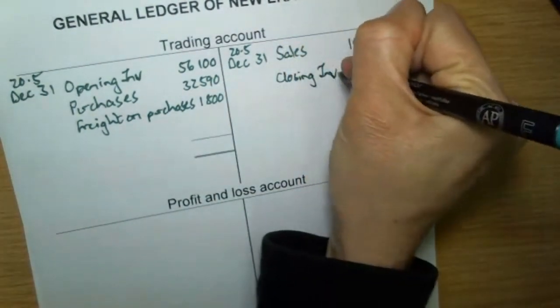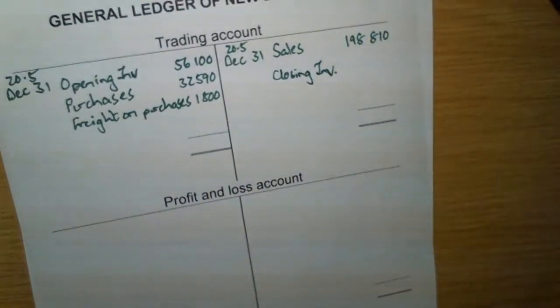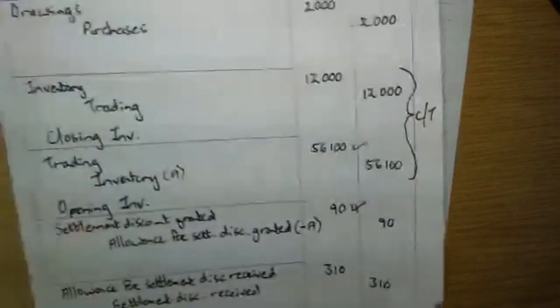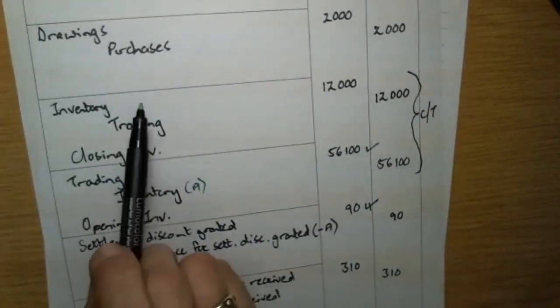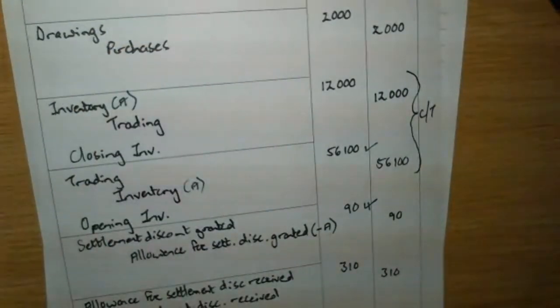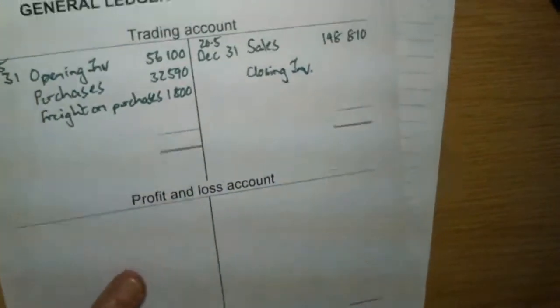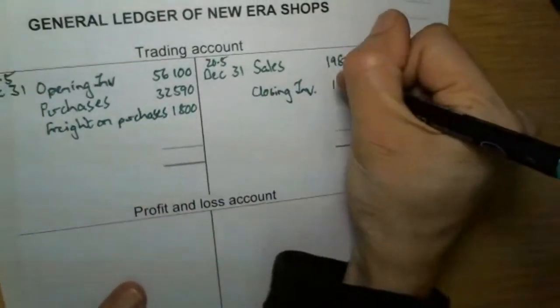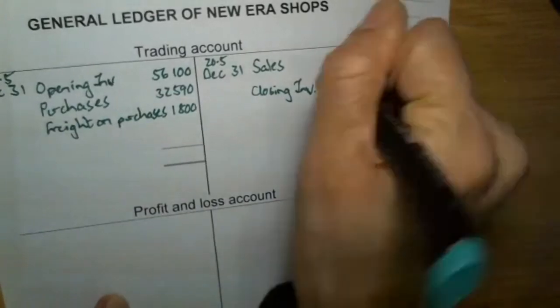And you might remember we already did the adjustment for this when we did our adjustments. The adjustment we did was for the 12,000 Rand of inventory here. We're going to debit the inventory asset and credit the trading account with 12,000 Rand. So here the trading account is credited with 12,000 Rand.